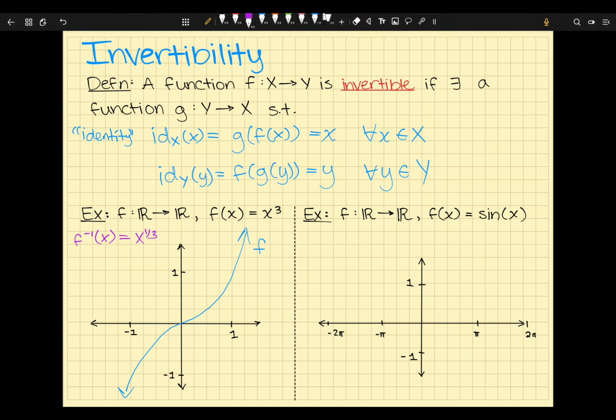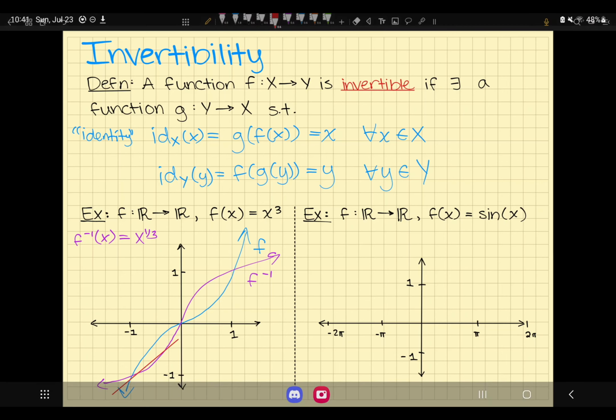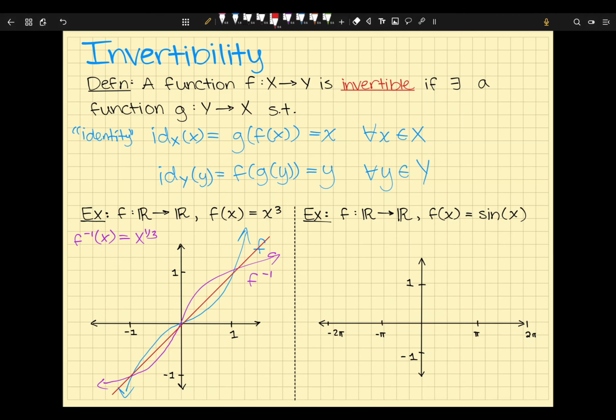And this function looks like that. This is f inverse. And then when you compose these functions, so when you do f of f inverse of x or f inverse of f of x, you get the identity function. The identity function looks roughly like that.